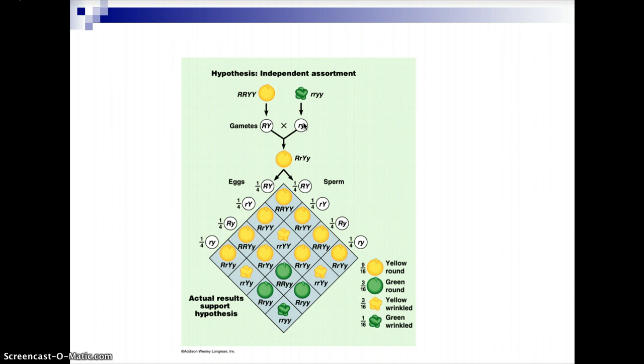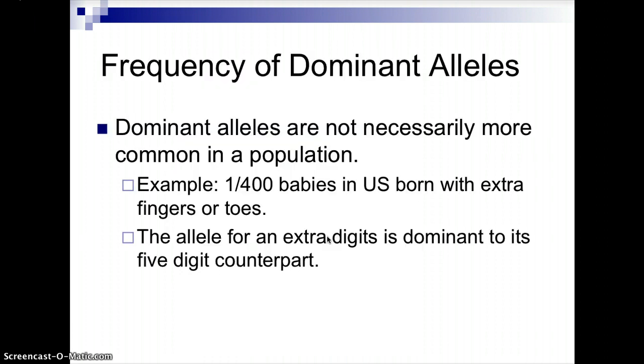So you could have big R, big Y, little r, little y, you could have big R, little y, and you could have little r, big Y. So you have to account for all possible combinations and take into account all possible scenarios among the offspring. And we'll do a dihybrid cross example in class.